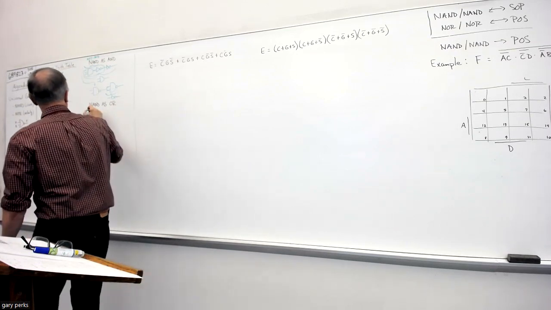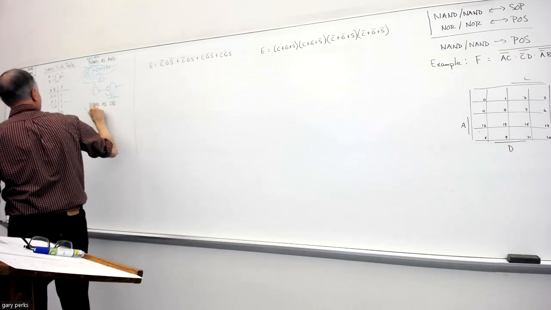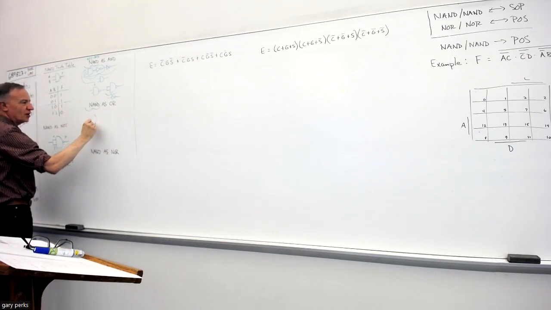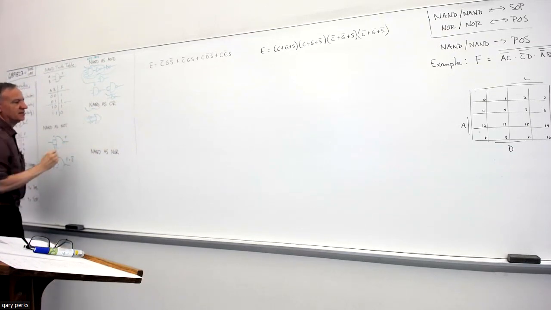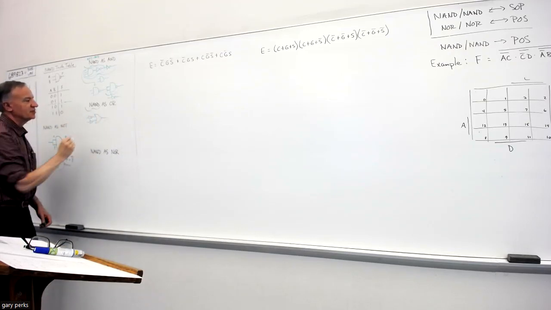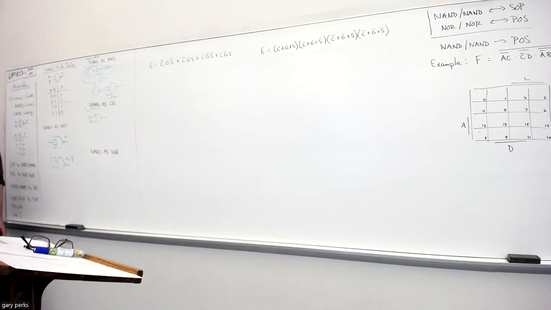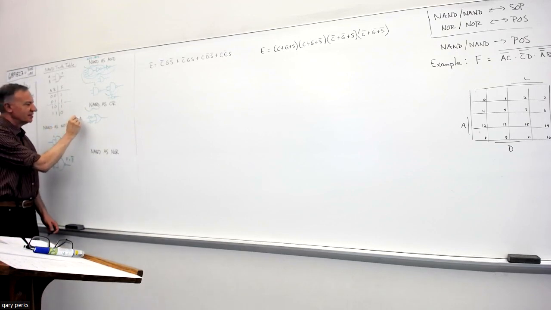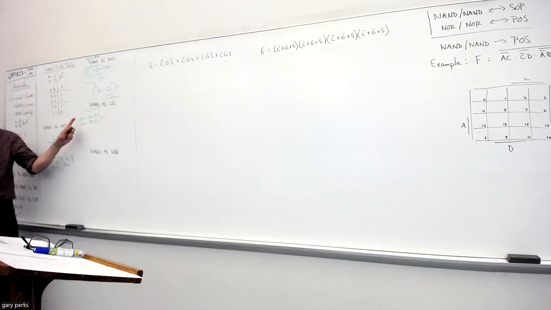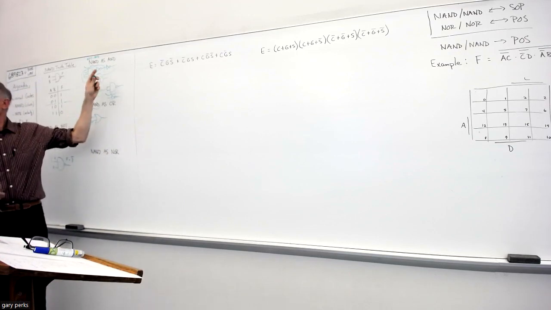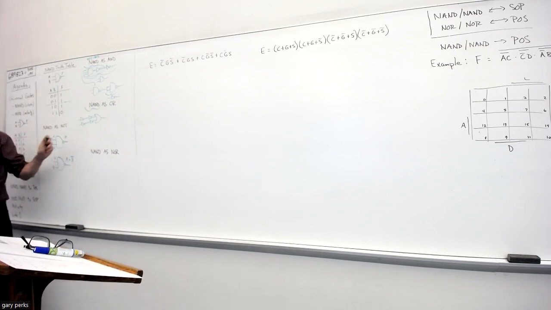By De Morgan's, a NAND is equal to an OR with inverters on the input. That's what a NAND is equal to. Well, if I do this, and again, if I put two inverters in a row, just like we did here, effectively they cancel out, and you're just left with an OR.